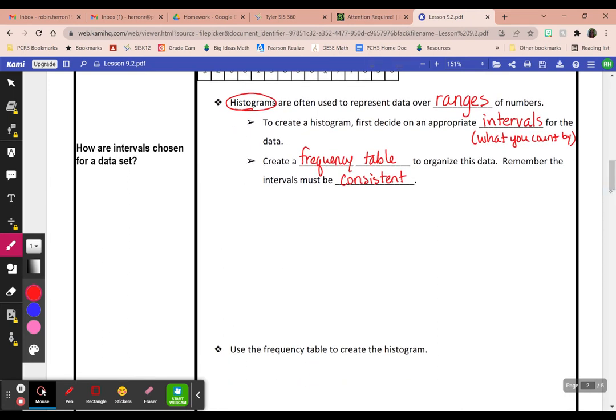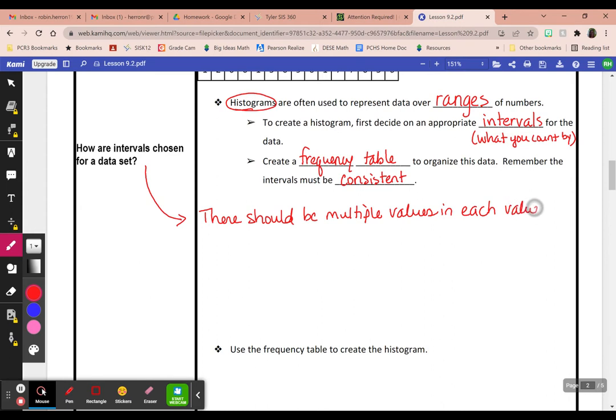When we're talking about how you choose your intervals, this question kind of goes here. There should be multiple values in each interval.